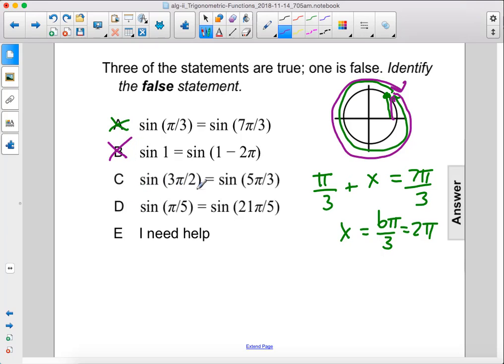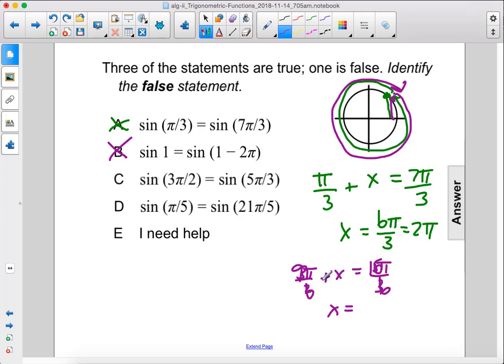Sine of 3 pi over 2 equals sine of 5 pi over 3. Let's see, what do we add to 3 pi over 2 to get 5 pi over 3? So that would be x equals, well, we need common denominators, so let's make this 9 over 6 and 10 over 6.